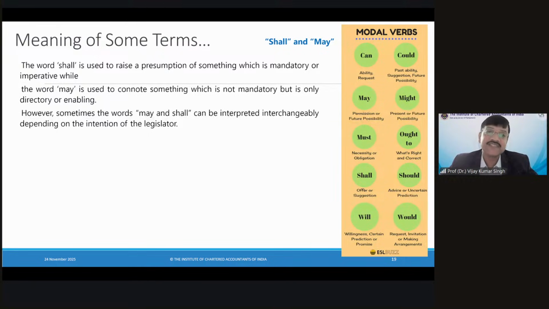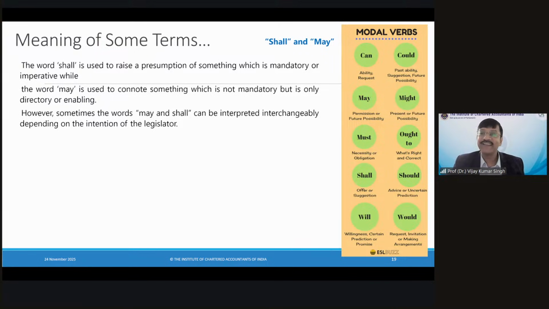The plain aspect is that the word shall is used to raise a presumption of something which is mandatory or imperative, while the word may is used to connote something which is not mandatory but only directory. However, sometimes the words may and shall can be interpreted interchangeably depending on the intention of the legislature.